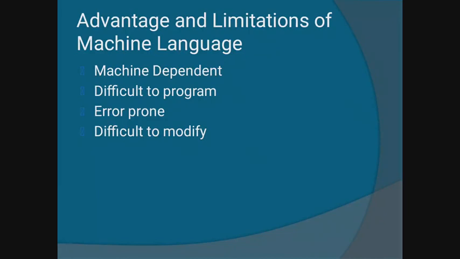So the machine can understand it easily, but it is difficult for us to program in the same language. It is error prone, and finding errors is a very difficult task in machine language. It is also difficult to modify. We cannot modify it easily like other programs.